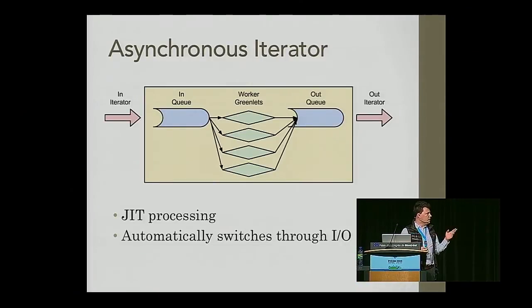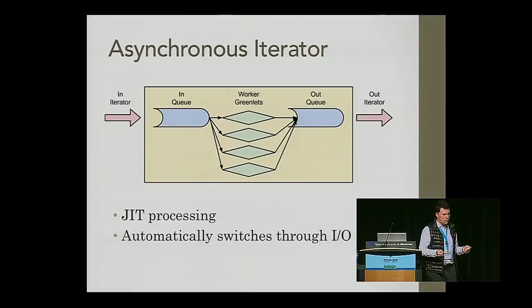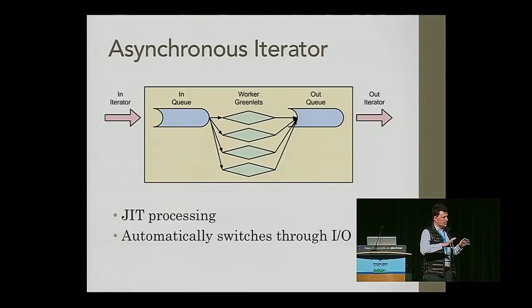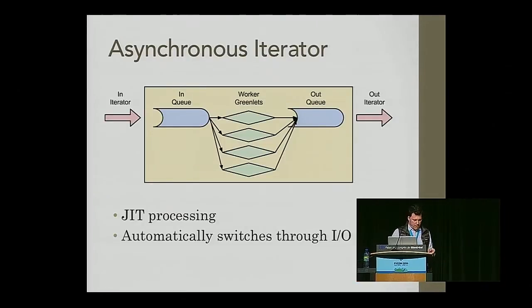And the trick is that the in and out queues are of a fixed size, so that when you try to put something into a full queue or remove from an empty one, that current greenlet will block. And then when greenlets block, what they do is they switch to another one immediately. So you can actually chain these into a long series of processors that will basically jump around to wherever in the chain currently requires processing.